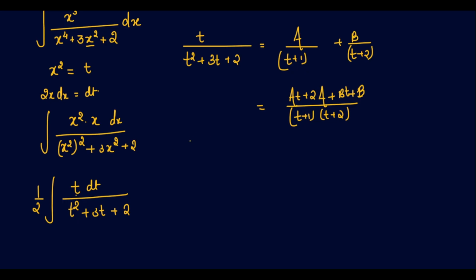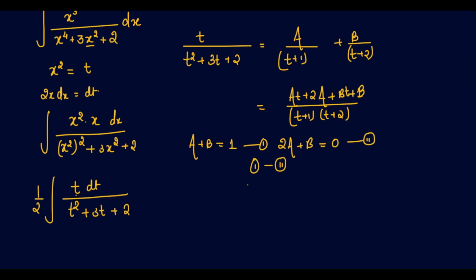If you compare the coefficients of t, you will get a plus b equal to 1. And the next one that you will get is 2a plus b equal to 0. We will take this as the first equation and this one as the second equation. So we will subtract the first from the second.